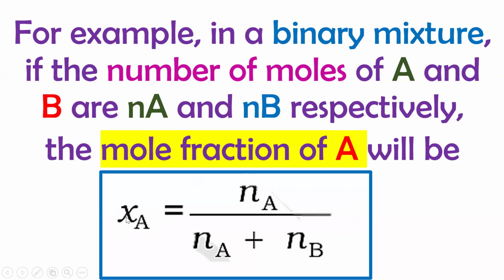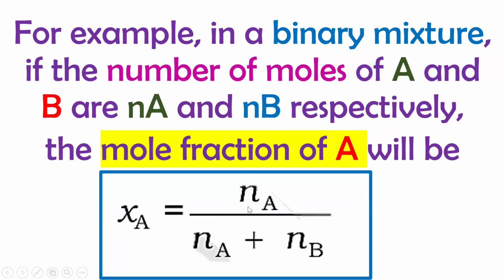The subscript on the right-hand side of the X denotes the component, so here we are finding the mole fraction of A. X is the mole fraction, A is the component. So in a solution with A and B, we find the mole fraction of component A as the moles of A by the total number of moles.